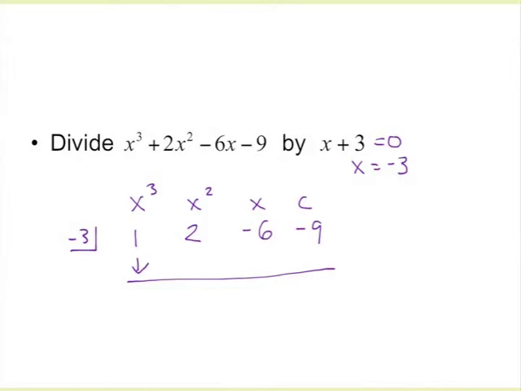Carry down, multiply, and then add down the columns. Multiply by the box, add down the column. Multiply by the box, add down the column.